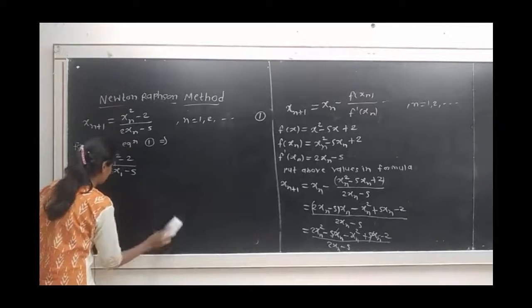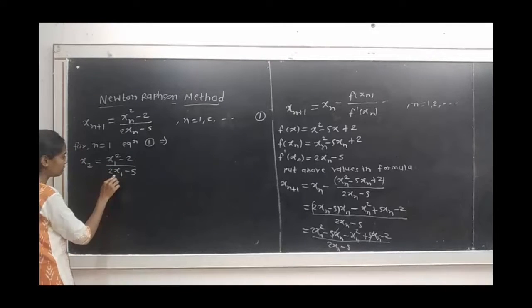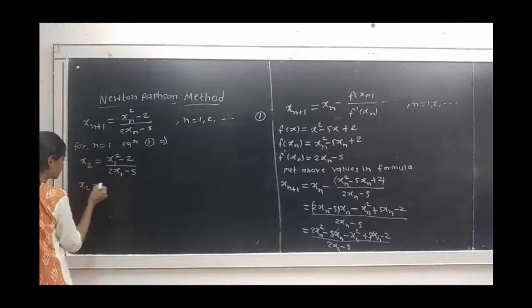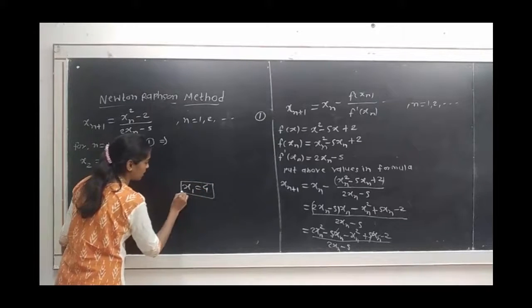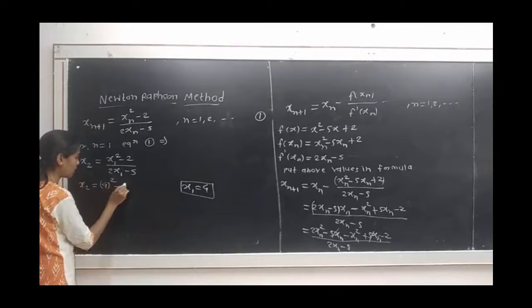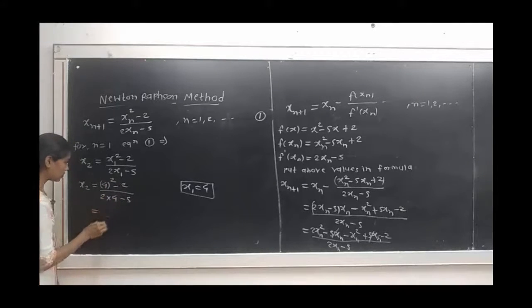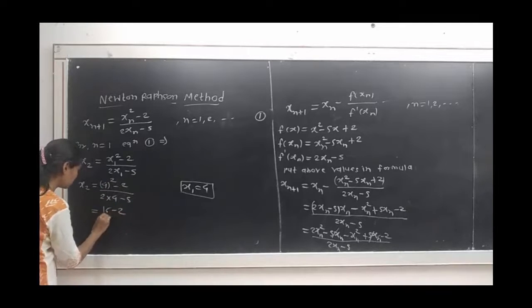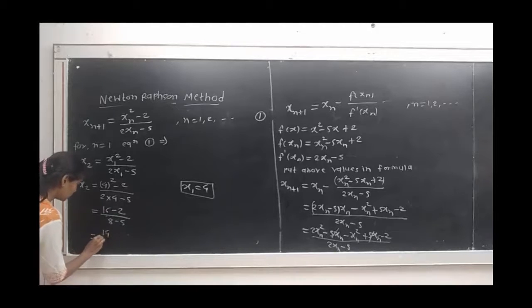Then next we put in all the values. We get x2 is equal to, with the first approximation x1 as 4, 4 square minus 2 divided by 2 into 4 minus 5, that is 16 minus 2 divided by 8 minus 5, which is 14 divided by 3.